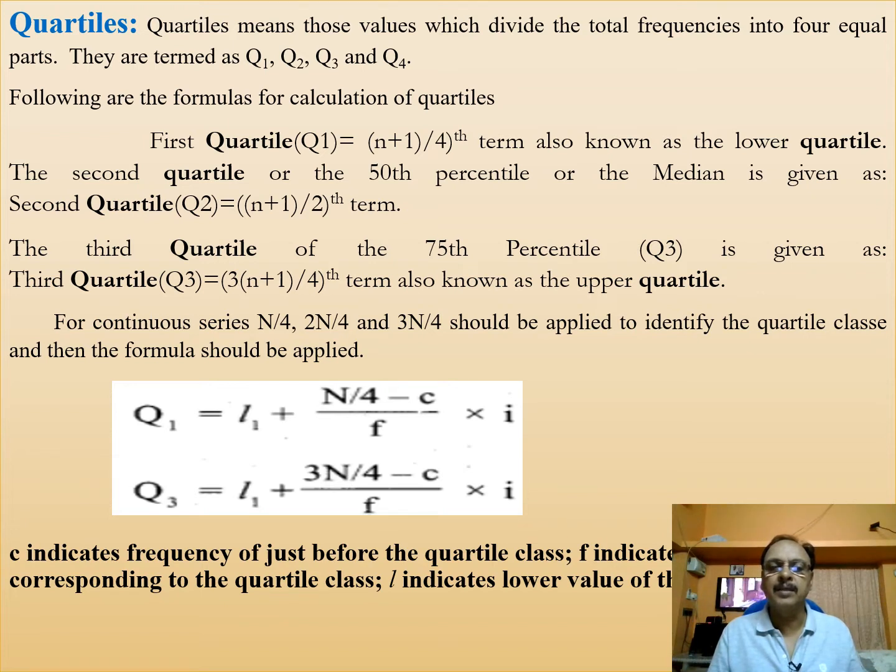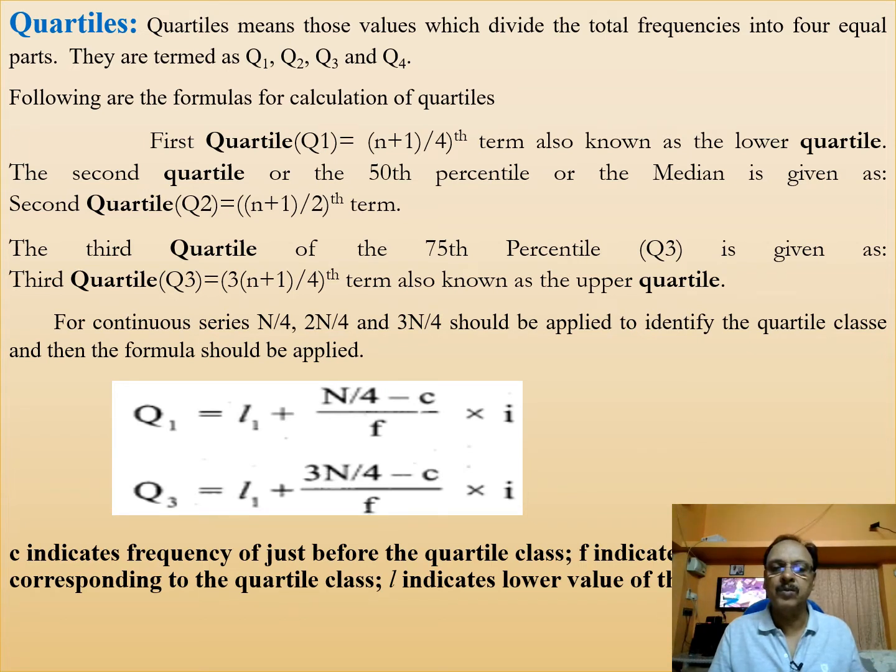Otherwise, it may be 2(n plus 1) by 4th item. Hence, we are taking it as (n plus 1) divided by 2th item. Then the third quartile is the 75th percentile. Otherwise, Q3 is 3 into (n plus 1) by 4th item. This is called upper quartile.